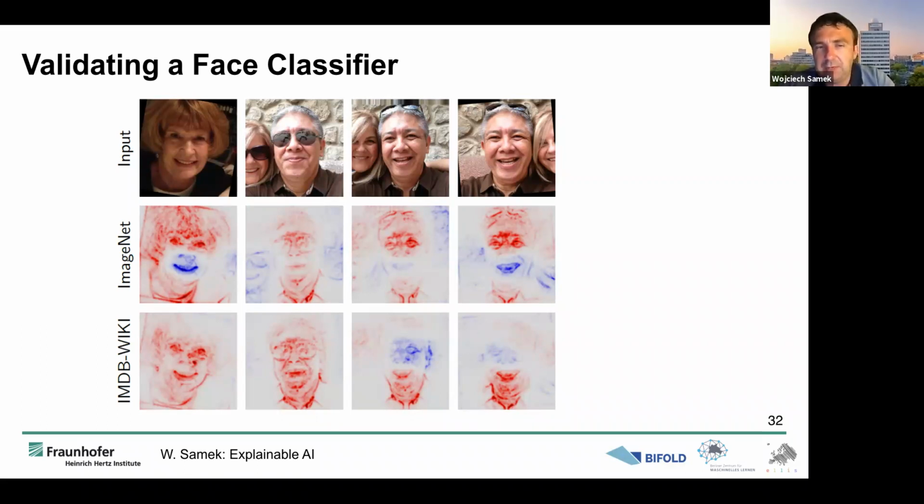This lady was classified correctly as belonging to the category 60 plus, so 60 years and older. But you see that the mouth region, the fact that she is laughing, spoke against this classification. The blue part means that something contradicts the prediction.